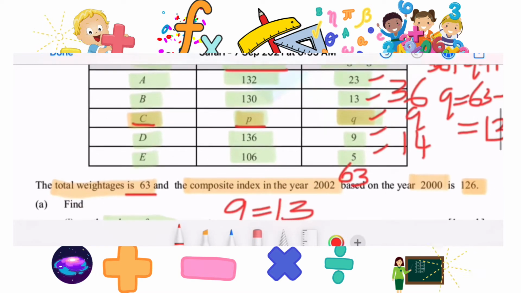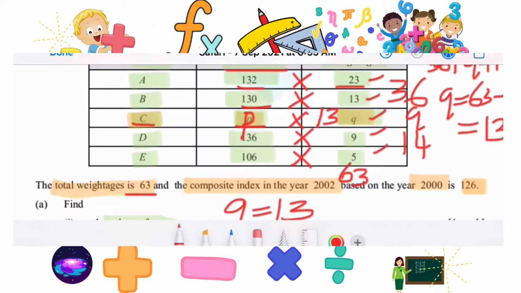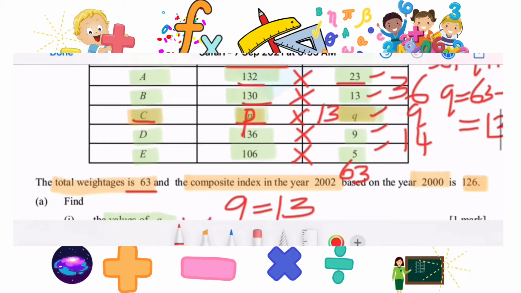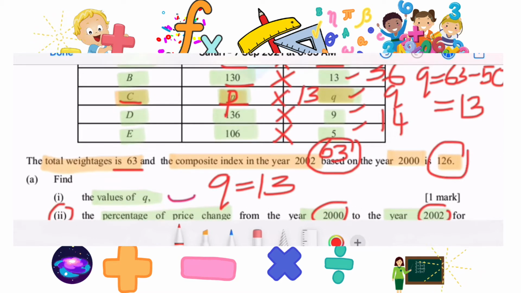So we are going to multiply 132 times 32, 130 times 13, P times Q, where Q is 13, and P is unknown, 136 times 9 and 106 times 5, and then divide by the total weightage, which equals 126.